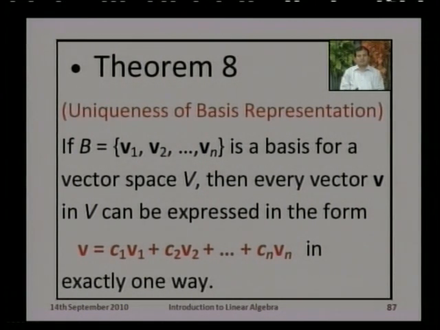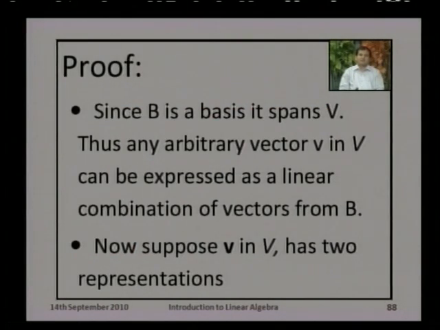If B equal to {V1, V2, ..., Vn} is a basis for a vector space V, then every vector v can be expressed in the form C1 V1 plus C2 V2 plus ... plus Cn Vn in exactly one way. So that means the scalars C1, C2, ..., Cn must be unique. They cannot be two different representations.